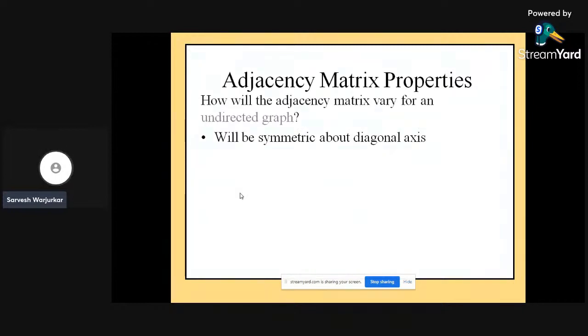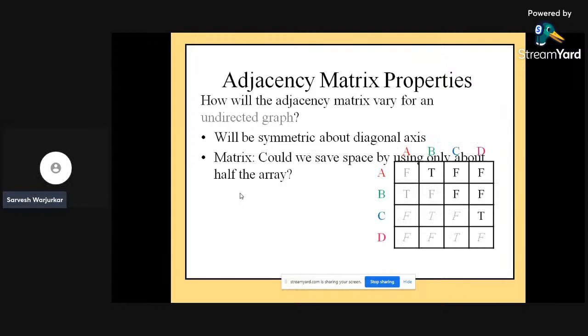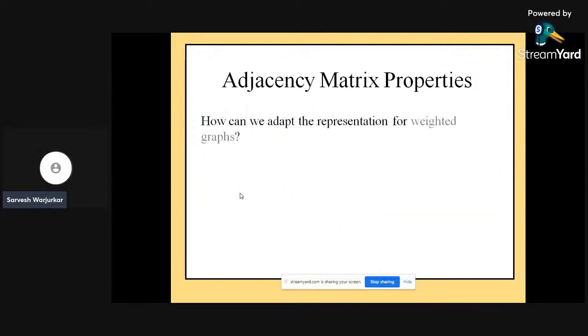The adjacency matrix will be symmetric about the diagonal axis. We could save space by using only about half of the array, but then how would you get all the neighbors? So it is quite next to impossible. So how can we adopt the representation for weighted graphs?